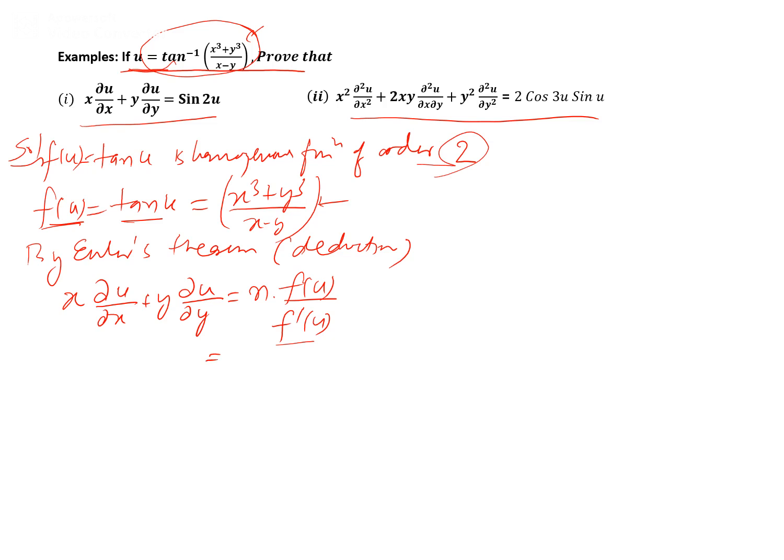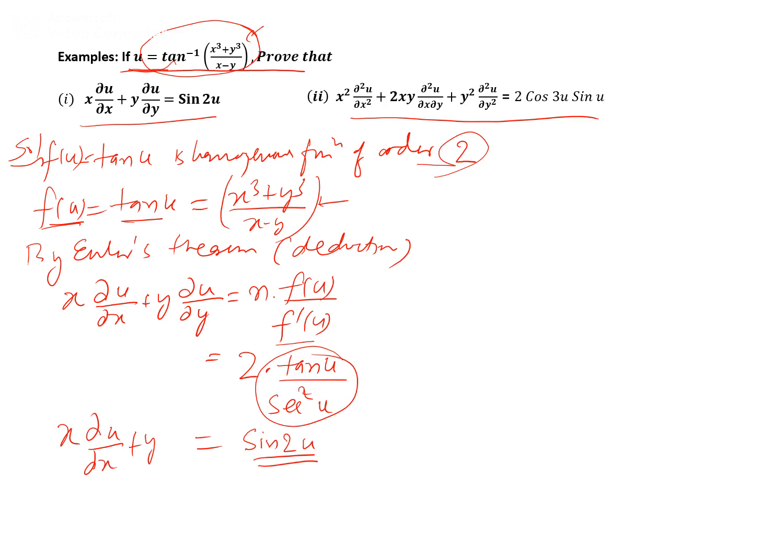The order is 2, into f(u) is tan u, and the derivative of tan u, we write sec square u here, and after solving, that particular tan u we convert into sine cos, and using the sine cos we get sine 2u. So this is the first proof by using Euler's theorem deduction.